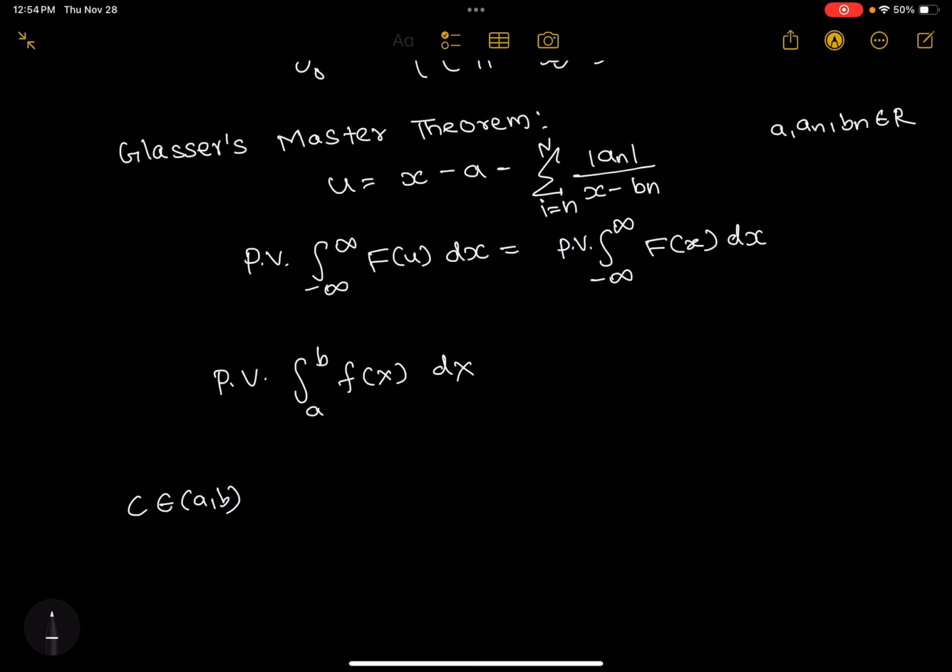In that case, if you write principal value, this integral will be defined as the integral from a to c minus some epsilon, a very slightly smaller value than c, of f of x dx, plus the integral from c plus epsilon to b of f of x dx. So principal value defines the integral in this way.